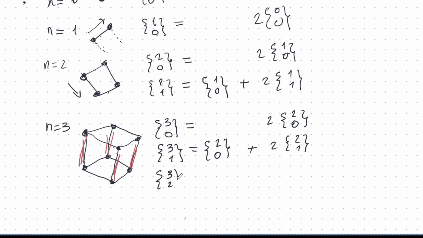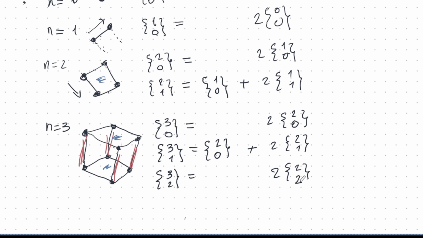Okay, now the faces. Well, we have 2 times the number of faces. Okay, 2 times the number. We have a face here and a face here. So let me color that. That's blue and blue. That's 2 times the previous face. So 2, 1. Okay. But, sorry, 2, 2. 2, 2, yeah.